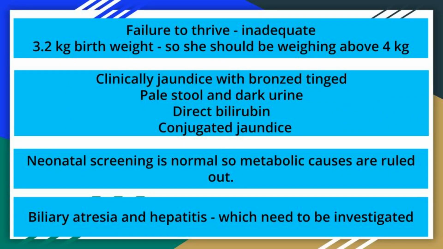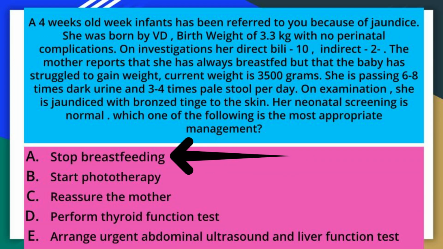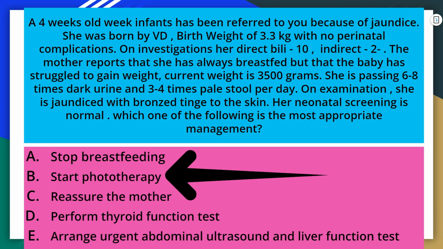This is the case of failure to thrive with direct hyperbilirubinemia, pale stool, dark urine, and the report of direct bilirubin suggests it is conjugated hyperbilirubinemia. It is not breast milk jaundice, so option A is not going to help. And stopping breastfeeding in case of breast milk jaundice is not an option. Start phototherapy: this is conjugated hyperbilirubinemia and it requires urgent investigation.